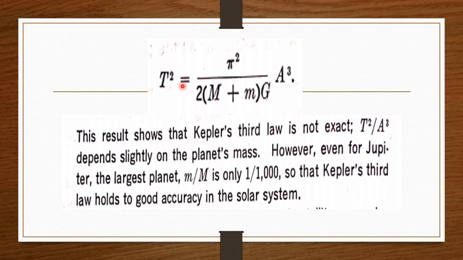Therefore, T square is equal to pi square by 2 (M plus m) G, A cube. This is not exact. That means T square by A cube depends slightly on the planet's mass. But even for Jupiter, which is the largest planet, m by M is only 1 by 1000. So Kepler's third law holds to good accuracy in the solar system.